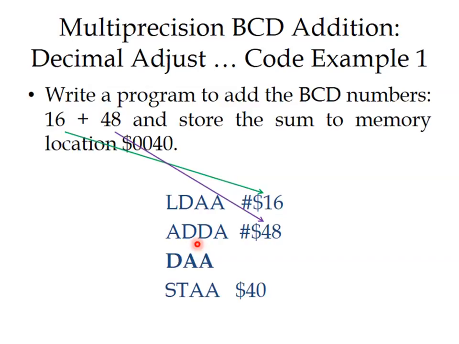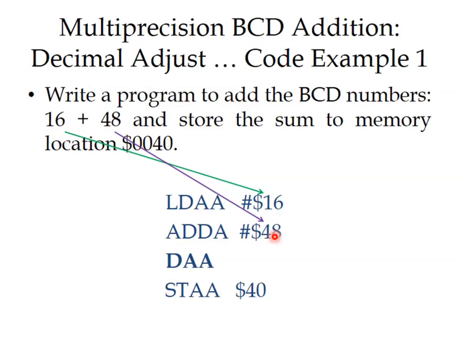Now what is wrong here? The thing that is wrong is, if you add 16 plus 48, here is the problem: when you are adding 6 plus 8, your microprocessor will just add it as hex, right? So 8 plus 6 would be 14, which is E. But if you are thinking this is a decimal addition, there should be no E, right? 8 plus 6 is 14, so you know that there will be 4 and a carry of 1.